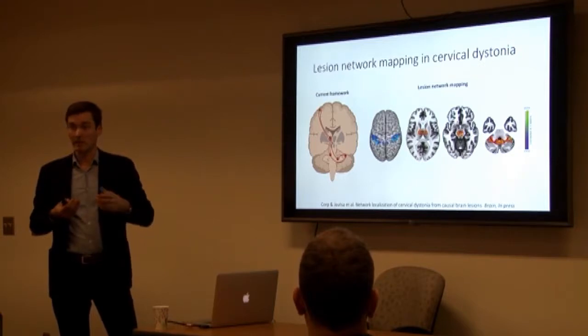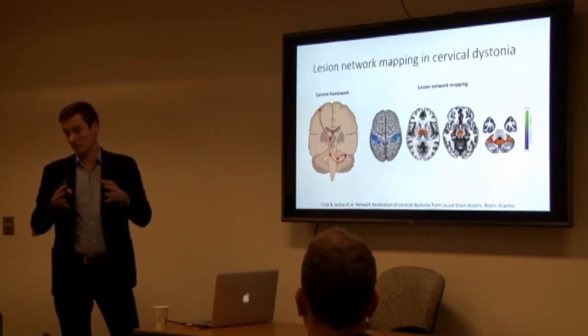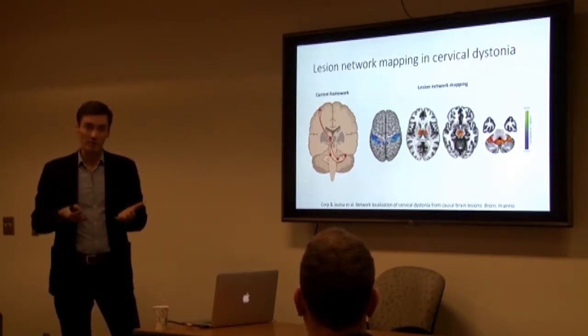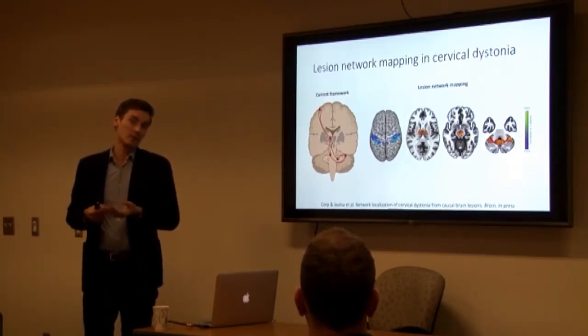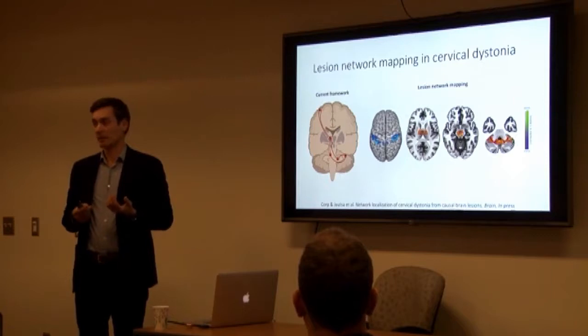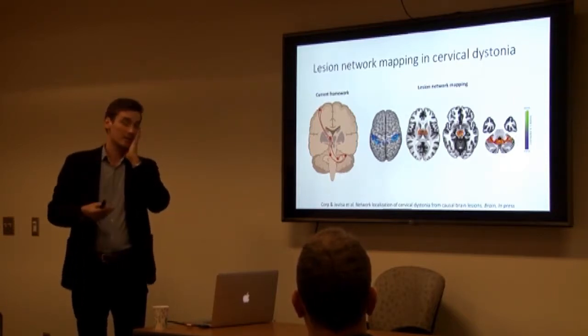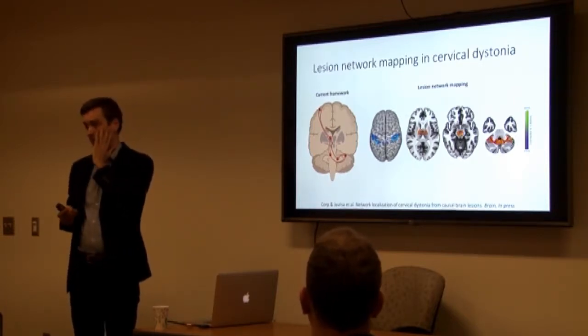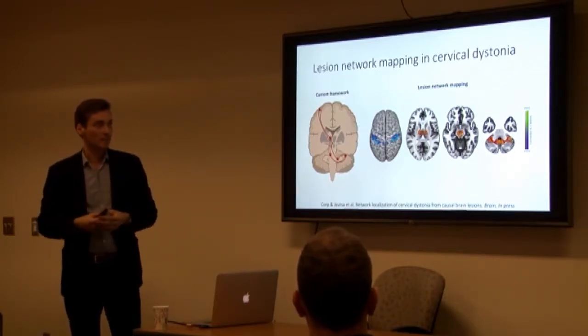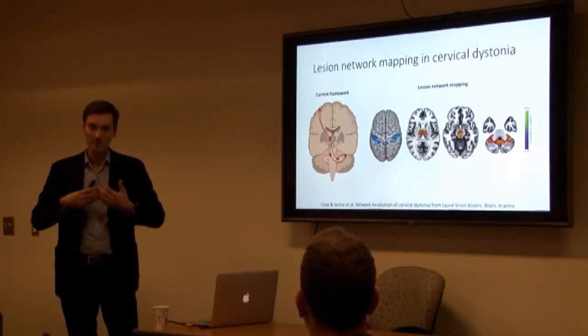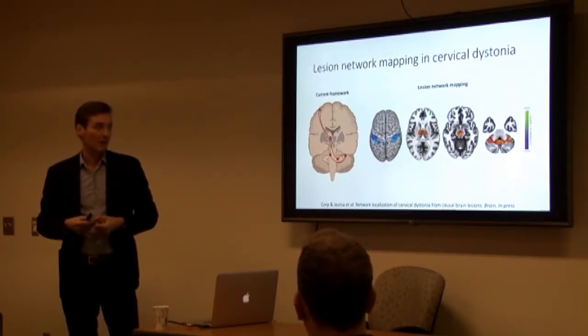Cervical dystonia patients have abnormally large sensory cortex. They also have sensory tricks, so for example, if the head is in abnormal posture, they are unable to turn the head right. But if they touch their face, they can turn the head right. So this fits that there is some sort of sensory processing abnormality in cervical dystonia.